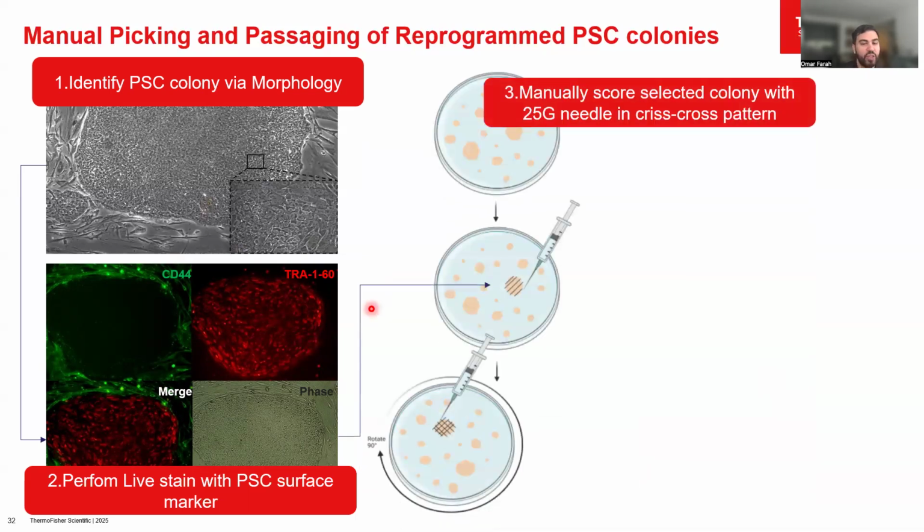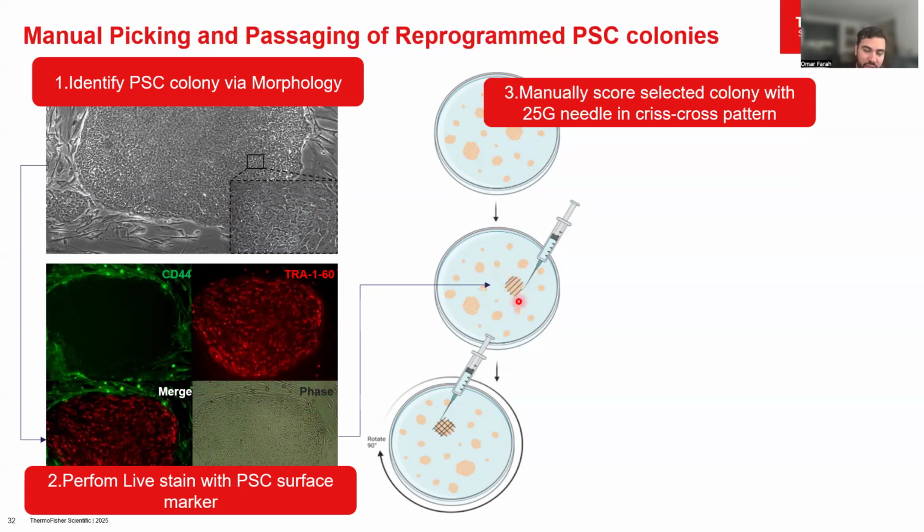The third thing that we typically do is that we manually score the selected colonies that we have identified as good, and we wanted to continue on with, usually with some sort of needle or a pipette. I typically like anything between a 22 to a 25 gauge needle, and we start by identifying that colony.